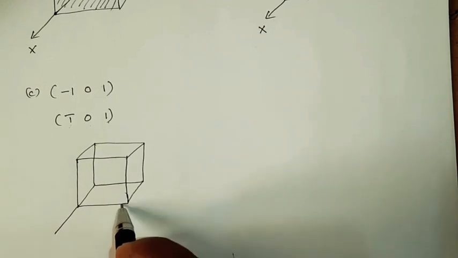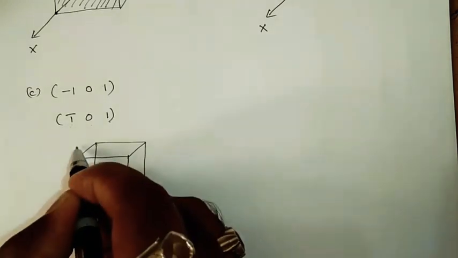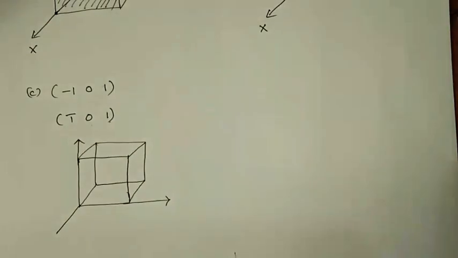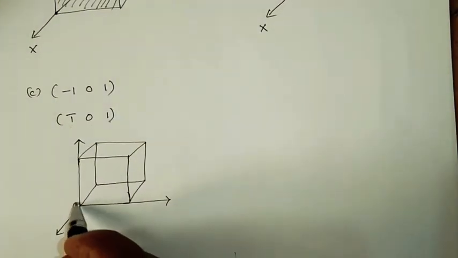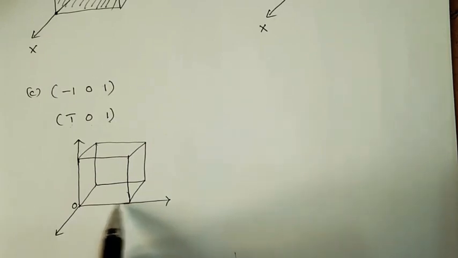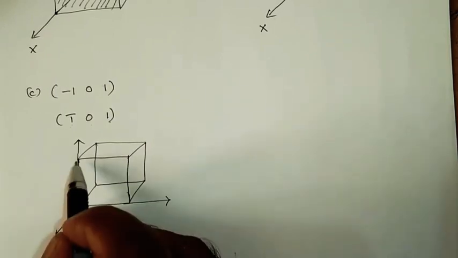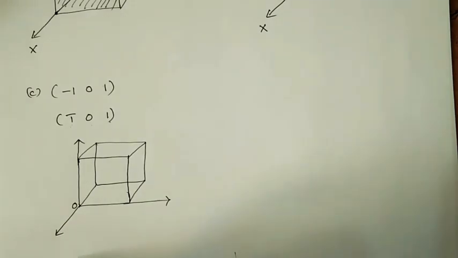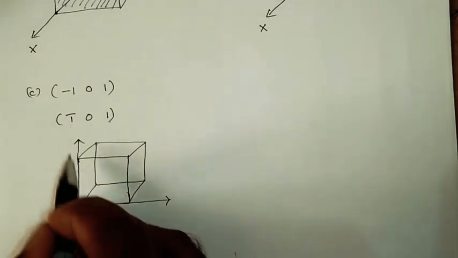So we shall take the axes over here. This is the new origin. So this is the positive, this is negative, and this is positive, and down will be the negative. Okay, so this is the origin. This way it is positive, and this way it is negative.